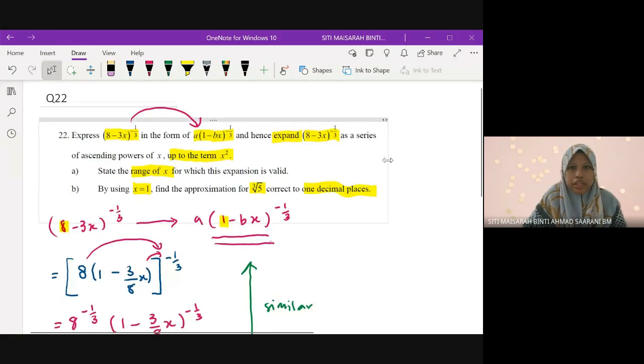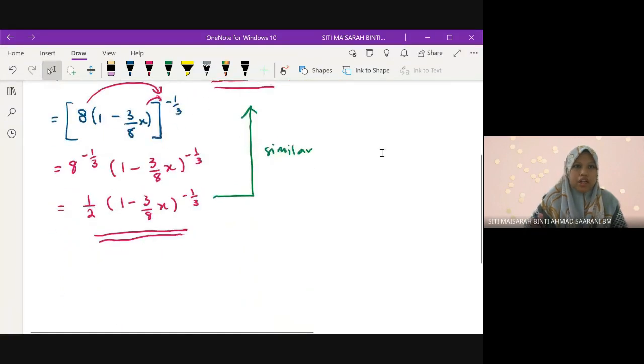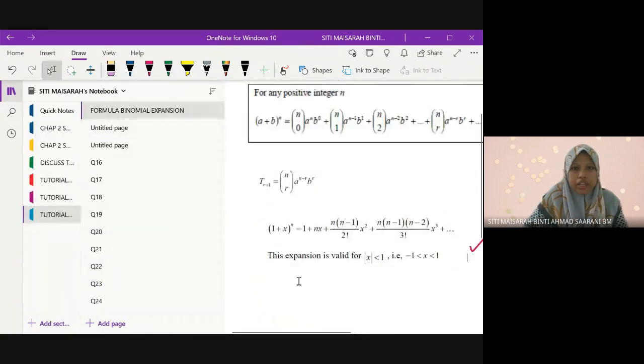Okay, and then we want to expand 8 minus 3x power negative 1 over 3. So we will use the formula below, the one I mentioned earlier, this 1 plus x power n formula. In this formula, the x is here. Your 1/2, 1 minus 3 over 8x power negative 1 over 3.